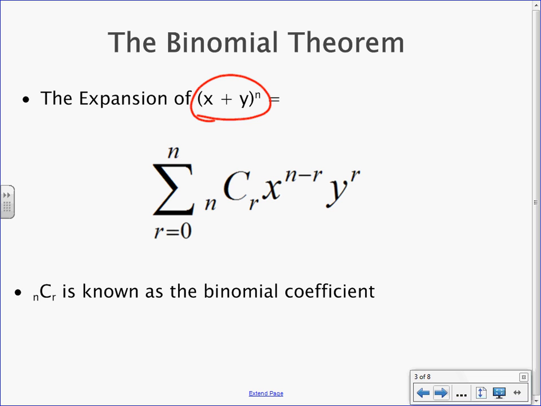Okay, so this big sigma means what? Add them all together. When we expand a binomial, we're going to get the sum of some terms, right? So we plug in 0 to get our first term, we plug in 1 to get our next term, 2, and so on, until we get to n choose n.